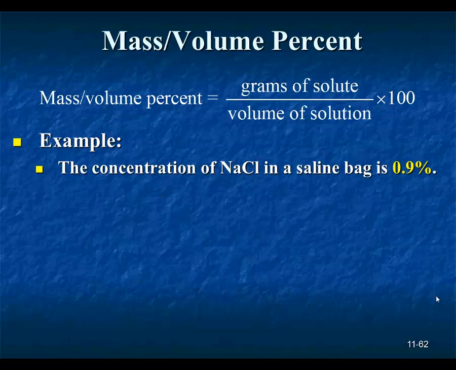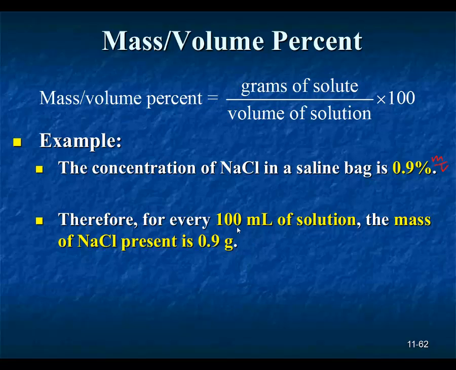Now, a mass per volume percent is very similar to what we've already been calculating. You can take the grams of the solute divided by the volume of the solution times 100. This is going to go ahead and give you a concentration, and that's how they might report the concentration of sodium chloride in a saline bag in medical use. So if we have 0.9% sodium chloride in a mass to volume ratio, it would help sometimes if you're not familiar with how they prepared these, if you saw an M over V here for that relationship.